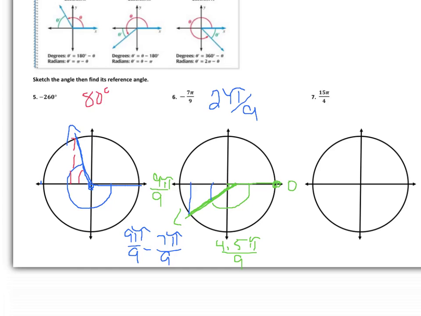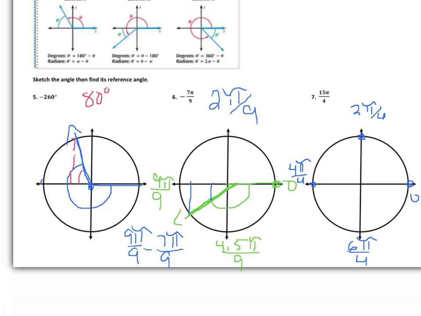And then 15 pi over 4. Okay, so just like these here, I made them by the denominator, so I'm going to say that's 0. That's 2 pi over 4. 4 pi over 4. 6 pi over 4. So now I can look, or another way, so that's how I'd start to label.